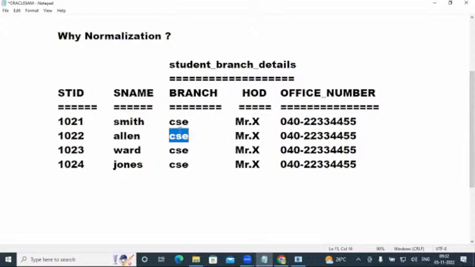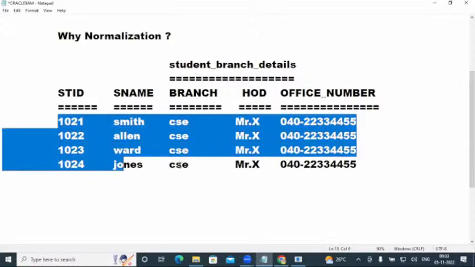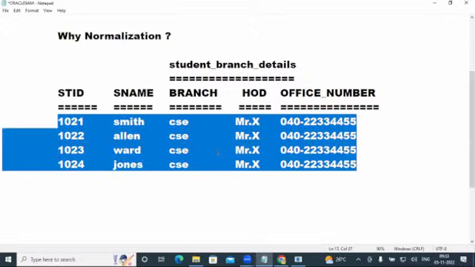So now here, only 4 CSC branch students' information I'm storing in this table. Can you find out, in this table, will you get any data redundancy problem? Data redundancy means duplicates. Do you have any duplicates?